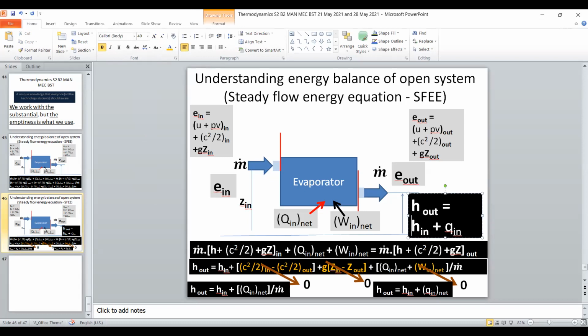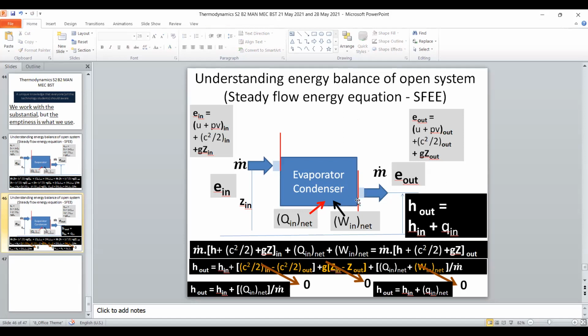In means towards the system. If it's condenser, also the same, because for condensers also no work done.